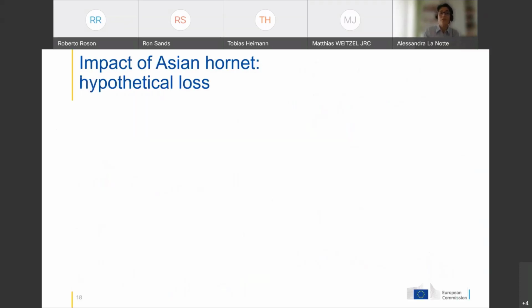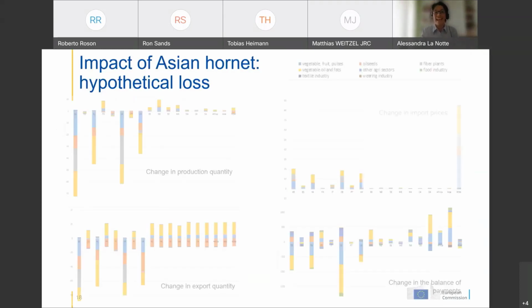And in terms of hypothetical loss, if nothing is done in the countries that are only initially affected by the presence of the Asian hornet, are there going to be consequences? You allow the Asian hornet to spread as much as it can.